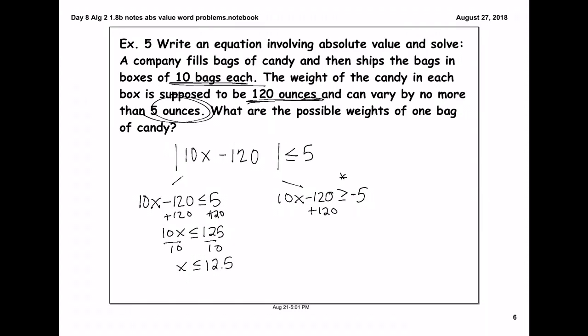Add 120, 10x is greater than or equal to 115, divide by 10, x is greater than or equal to 11.5. When we write our inequality, we can write 11.5 is less than or equal to x, which is less than or equal to 12.5. You now can complete your worksheet.